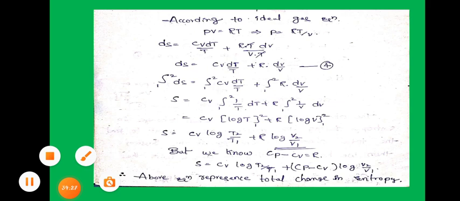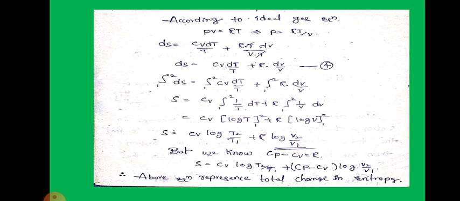Integral 1 to 2 of dS = integral 1 to 2 of Cv dT/T plus integral 1 to 2 of R dV/V. Therefore S = Cv, a constant, times integral of (1/T) dT plus R integral 1 to 2 of (1/V) dV. So finally Cv log T from 1 to 2 plus R log V from 1 to 2. Therefore S = Cv log T2/T1 plus R log V2/V1.